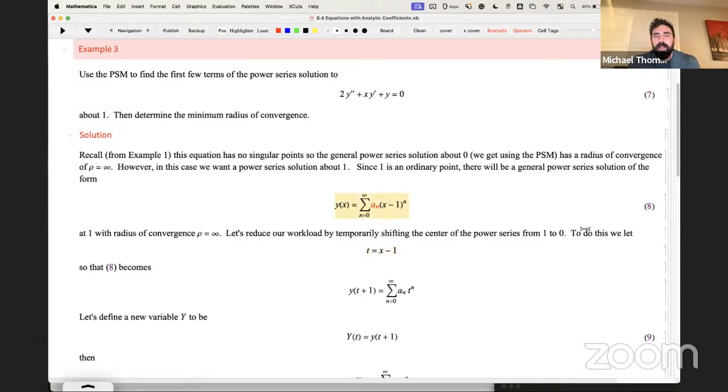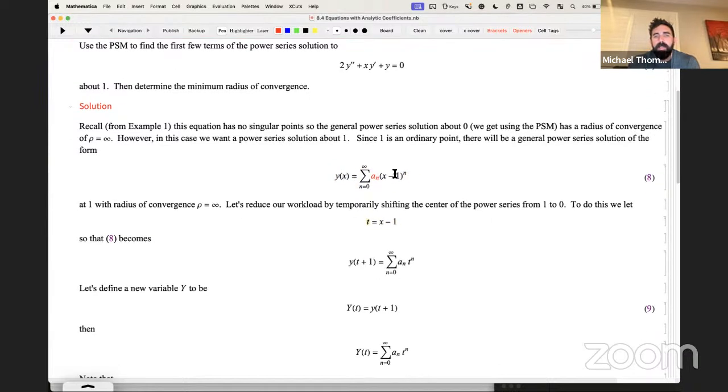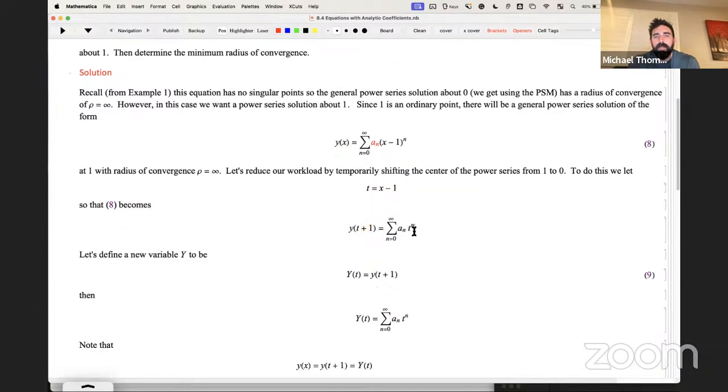So I'm just going to rename x minus 1 as t. All the x minus 1s get replaced with t, which means that x, if you add 1 to both sides, gets replaced with t plus 1. So now we've got this power series, in terms of t, centered at 0.